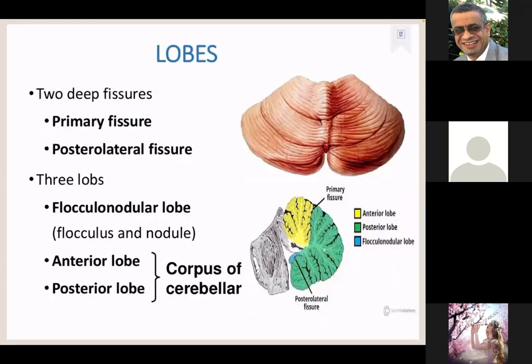It has two deep fissures, which are the primary fissure and a posterolateral fissure. It is divided into three lobes, which are the anterior, the posterior, and the flocculonodular lobe.